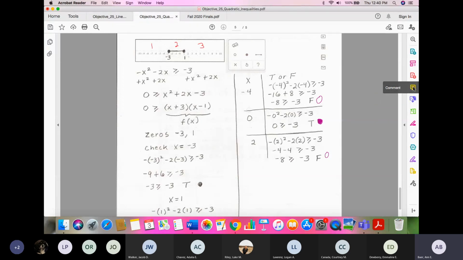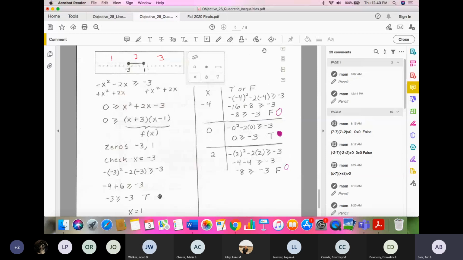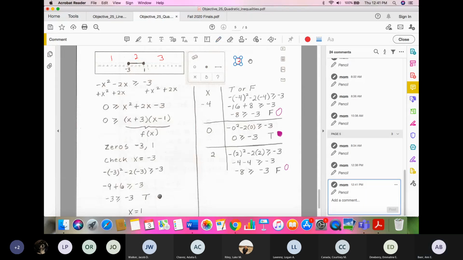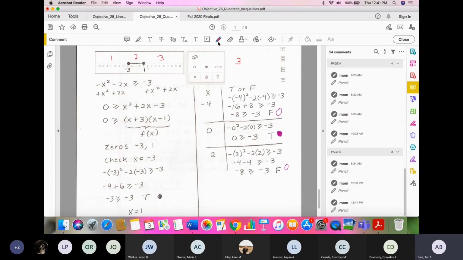Now, if you're having trouble seeing that that's false, there's something you can do to help you out. Let me show you what that is. I could add 3 to both sides, and the 3 would end up over here, and then I would have greater than or equal to. And we can move this negative 8 to the other side by adding 8 to both sides.